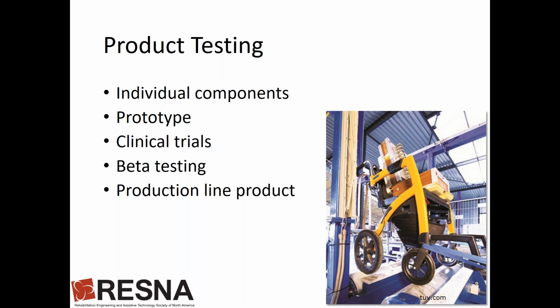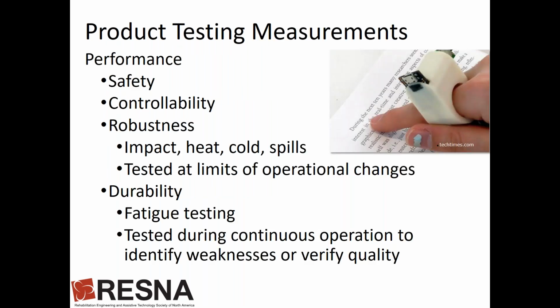Under performance, these are the areas that are considered for safety, controllability, the robustness of it. Under the durability, they're looking at fatigue testing and testing during continuous operation to identify weakness. So if you have any interest in understanding more of the product testing, it's a pretty intriguing area, and you can dive into some of that under the different ANSI RESNA standards.